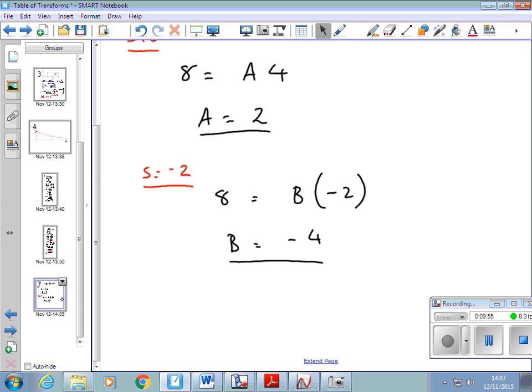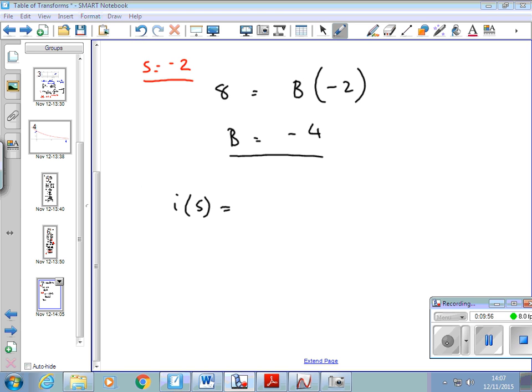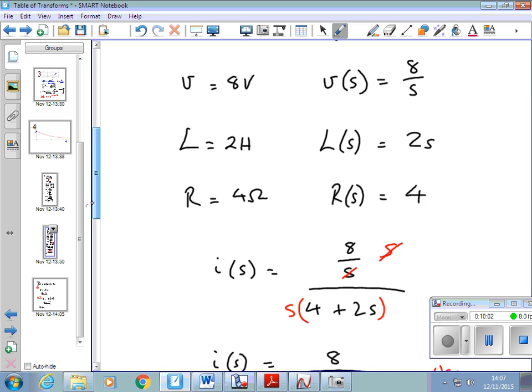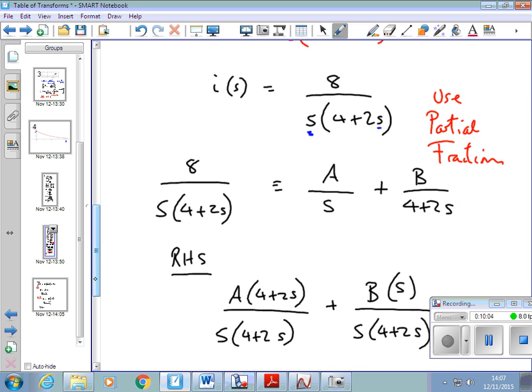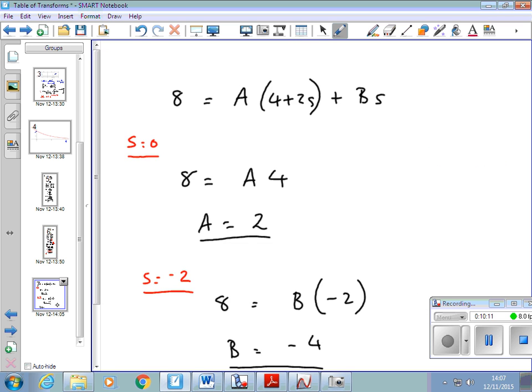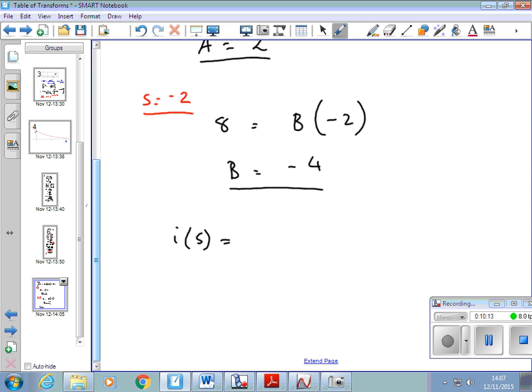So I(s) equals, putting the numbers a and b back into this original expression, a over s plus b over 4 plus 2s. So we've got a over s, and a is 2, plus b, which is minus 4, so that's minus 4 over 4 plus 2s.